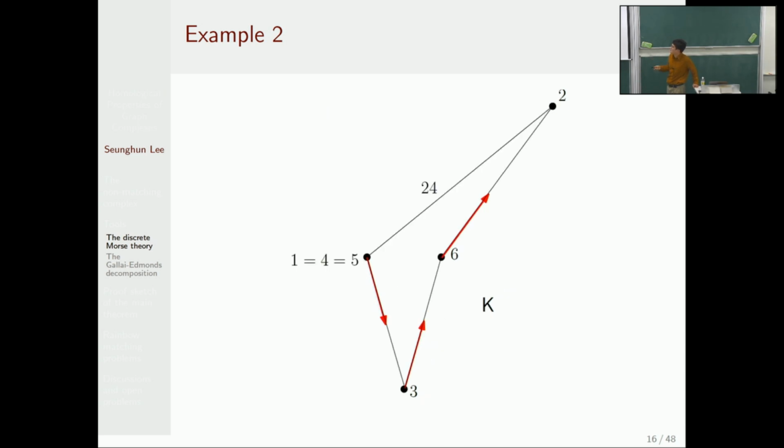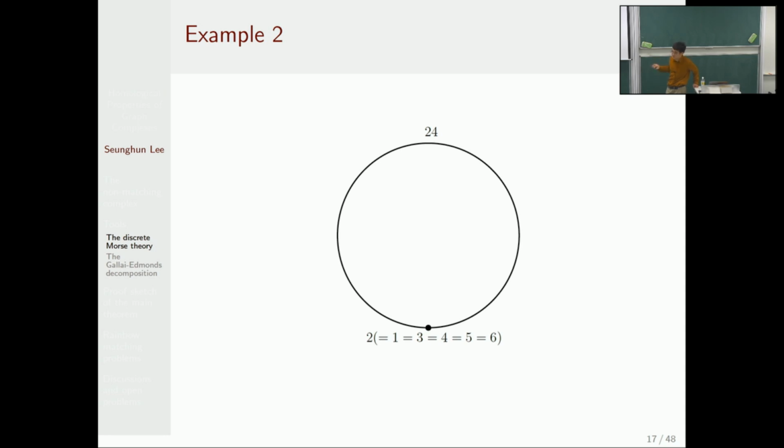It contracts the edge also, and the vertices 1, 4, and 5 become identified, while the edge 2, 4 and the vertex 2 still remain. This process is done until 1, 4, and 5 meet 2. So finally, it becomes a circle, like this.